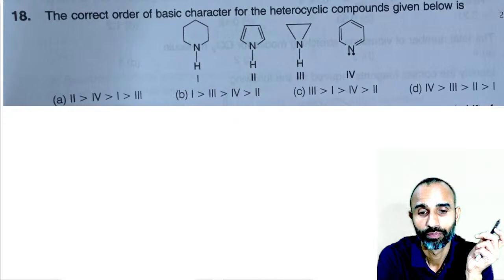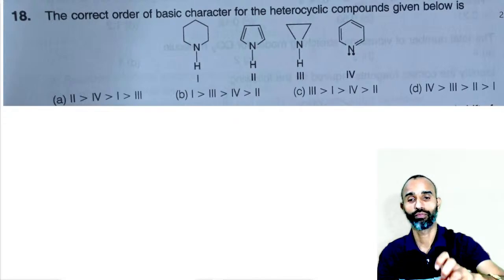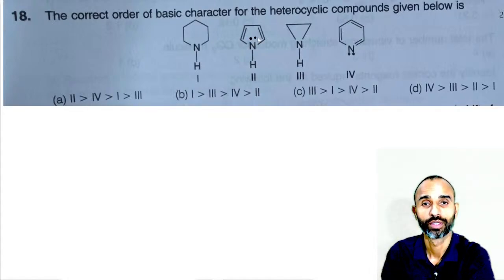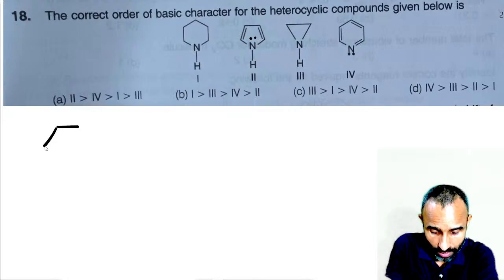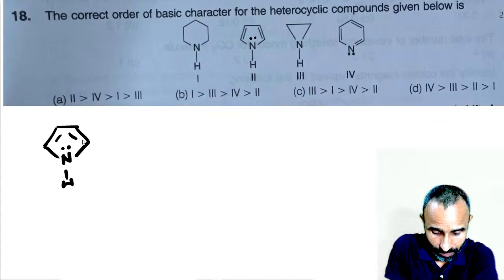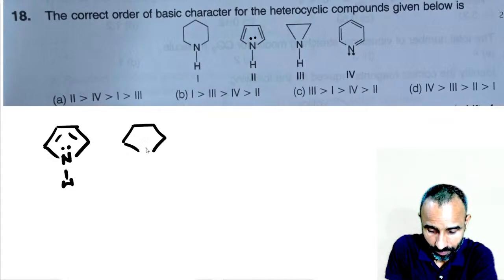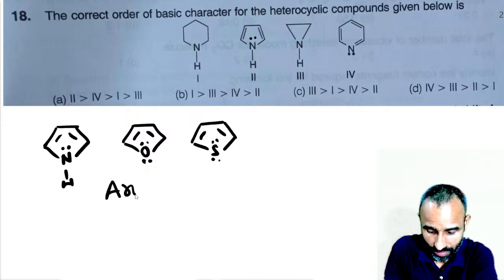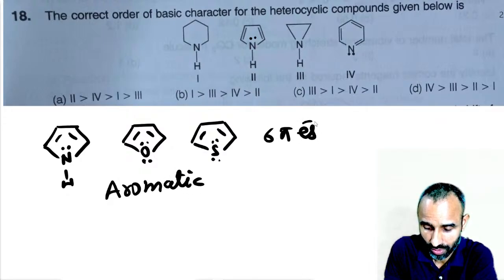So see, actually, if we compare them, in case of pyrrole, furan, thiophene, they are all aromatic because they have 6 pi electrons.